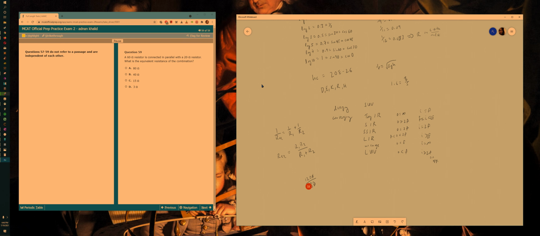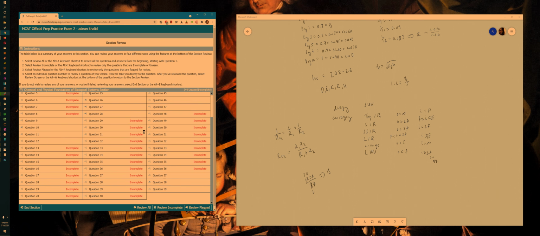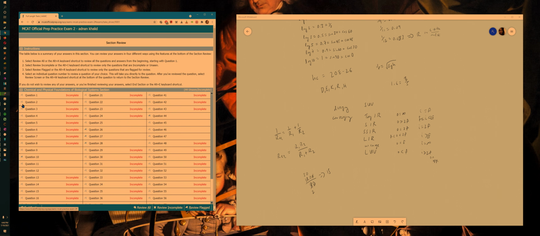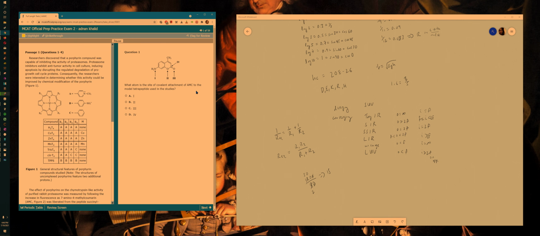The zeros cancel. Well, okay. 4 goes into 8 twice. Goes into 12 3 times, or 30, whatever. And then this is going to be 15. So that's that. All right. And so, okay. Then you basically go back to the passage and you answer the passage questions.